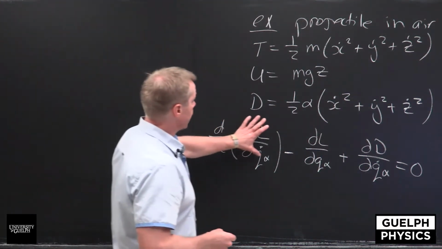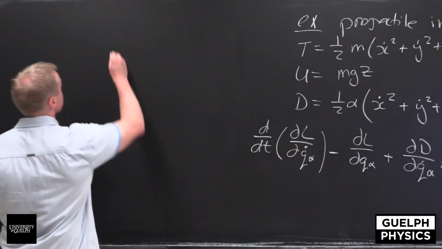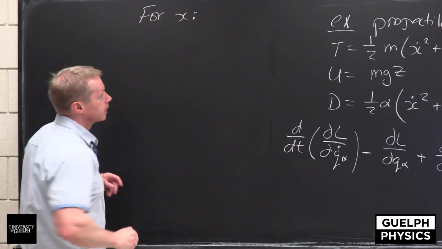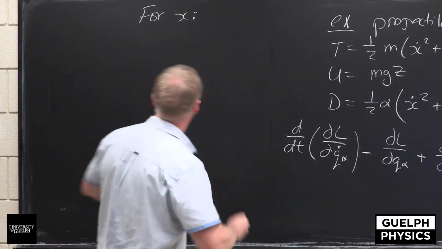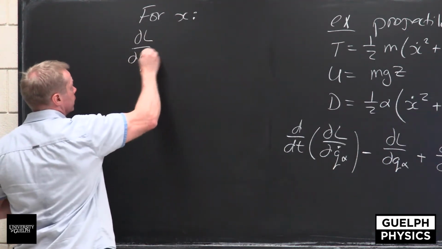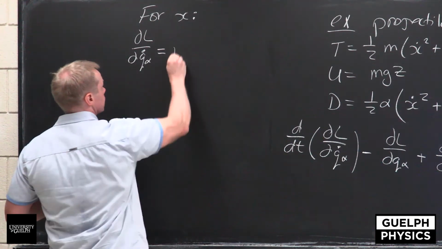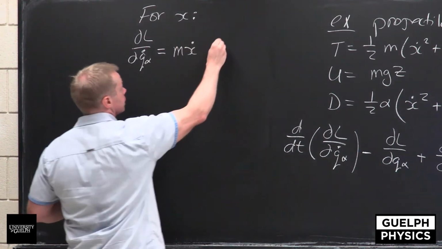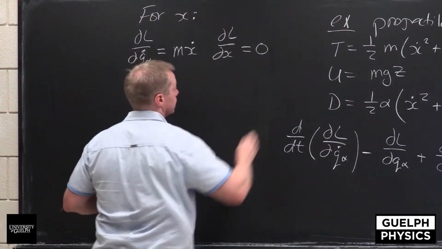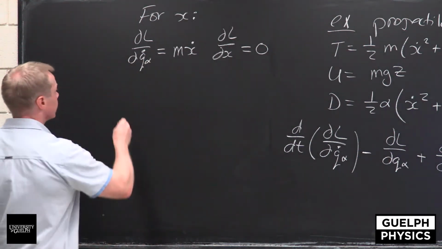And now we proceed. So we'll first consider the x component. So ∂L by ∂x dot is just m x dot. ∂L by ∂x is 0.